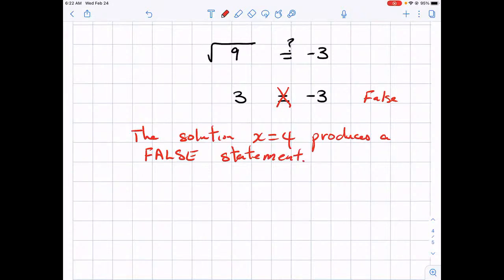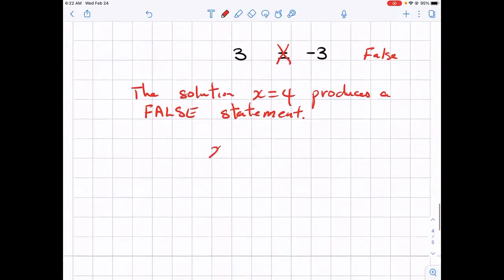And this only happened if or because we square both sides. So x equals 4 in this case is an extraneous solution.